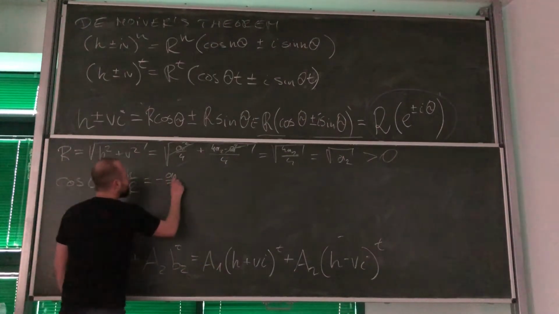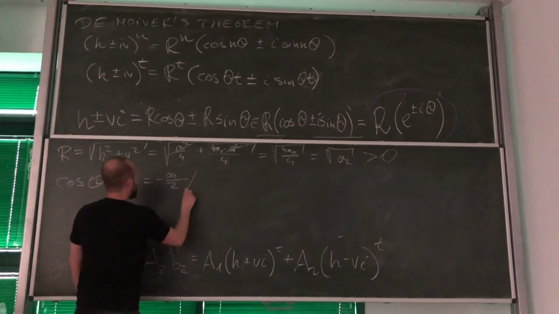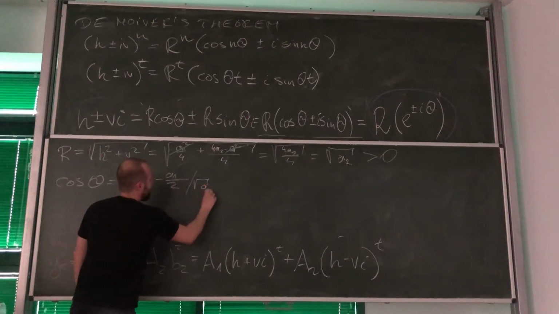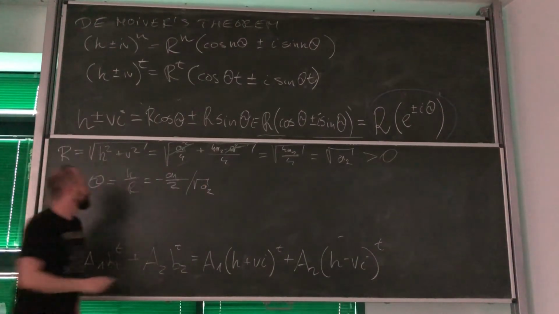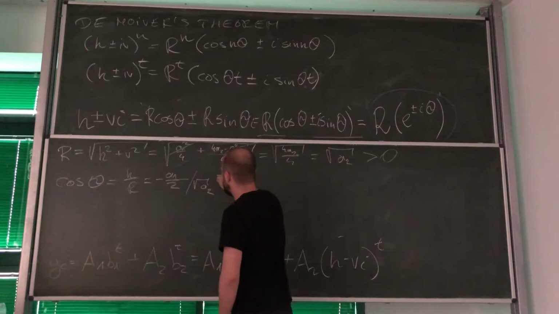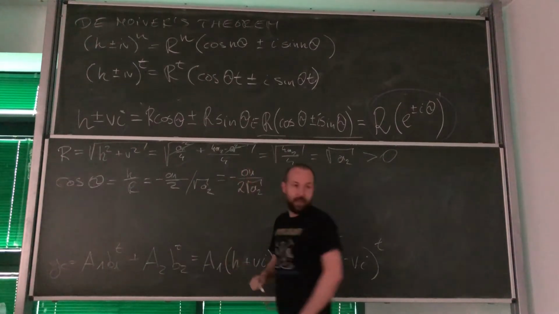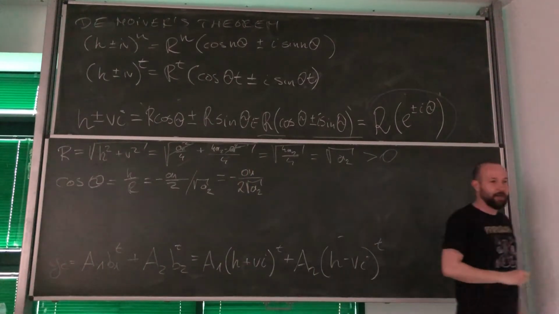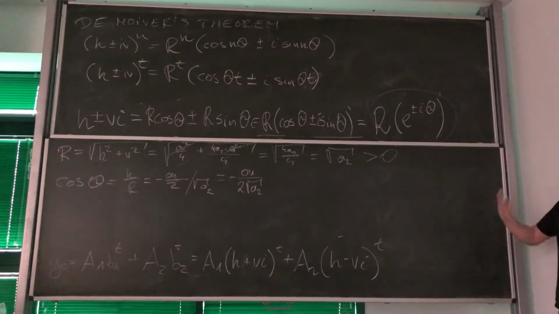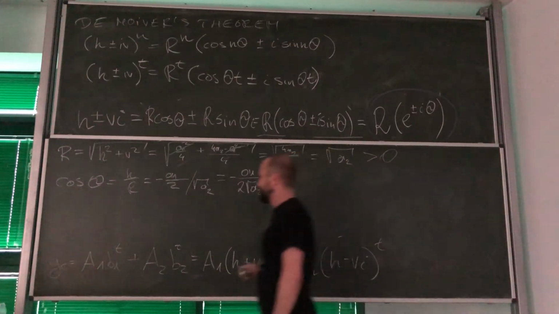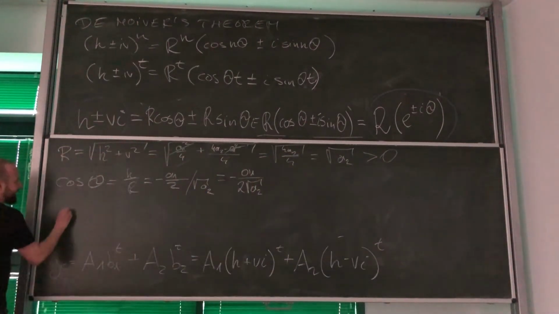And now look, we need to divide this by square root of a2, right? So what we get out of this is negative a1 over 2 square root of a2.